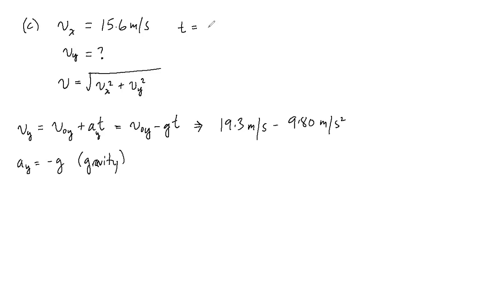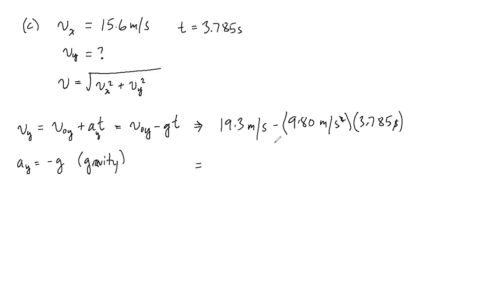The time is 3.785 seconds. Okay, and then we're going to have 3.785 seconds. So inverse seconds squared cancels with seconds. So we just have meters per second, which is good.